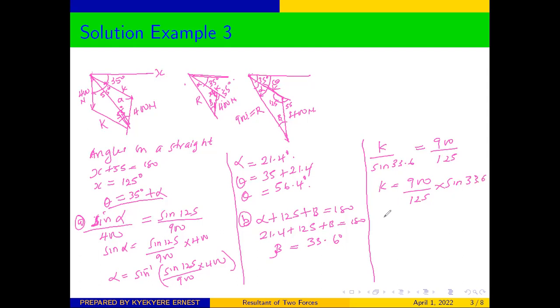And from here, we can easily calculate our K. Our K will be equal to 608 newtons. And our angle theta is 56.4. Good. So that was pretty simple.